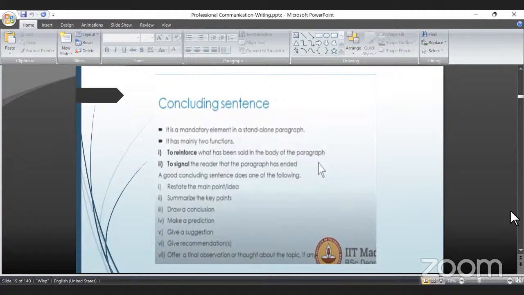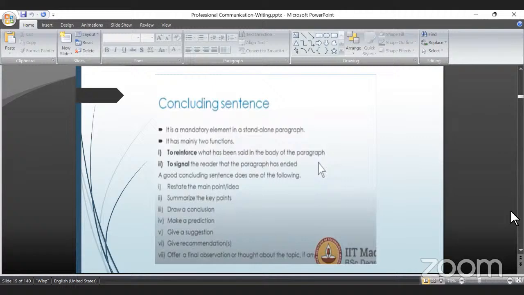So a concluding sentence can be a restatement, it can be a summary statement, or it could be a conclusion. See, draw a conclusion. So look at all the points that have been mentioned in the paragraph, both in the topic sentence and the supporting sentences, and draw a conclusion from that. If it is a sentence which provides a conclusion to your major key points, again, that is a good example of a concluding sentence.